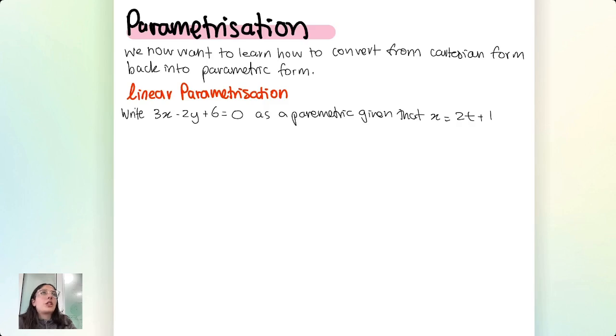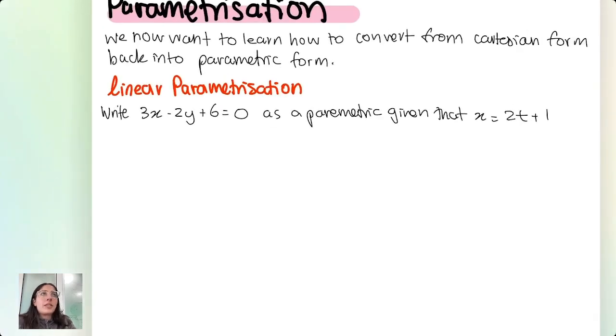So the first thing we're going to do is make y the subject of this. Okay? So why do we need y to be the subject? Someone tell me. Because in parametric form, what do we always need? Right now they've already given us the parametric x. We just need to find the parametric y, right? Remember, we need to find the y and x separately.